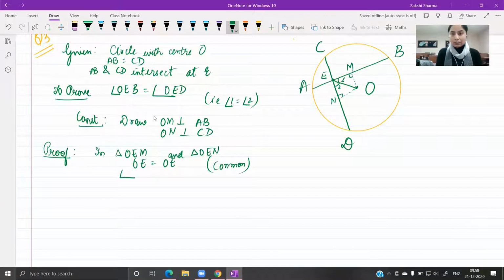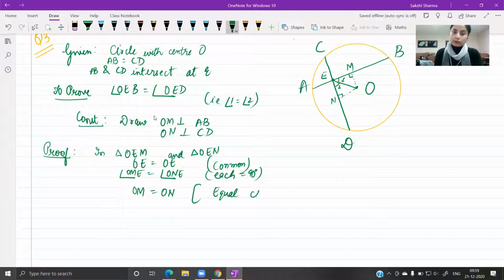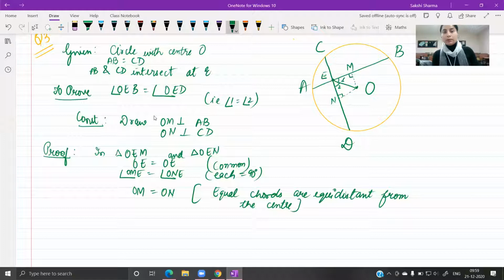Another thing that we have is angle OME equals angle ONE. These are 90 degrees each. And then finally you have OM equals ON. Since the chords are equal, the perpendiculars from the center to those chords will also be equal.